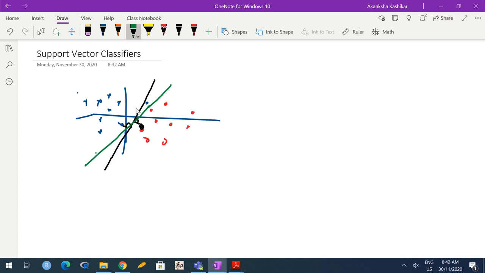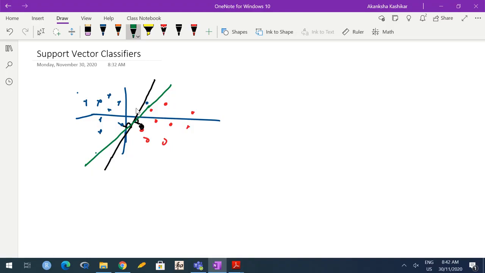So the question of overfitting would always remain. Hence, to address both these points, first the non-separability and second this overfitting, we need to do some modification. That modification we are going to do via support vector classifiers.